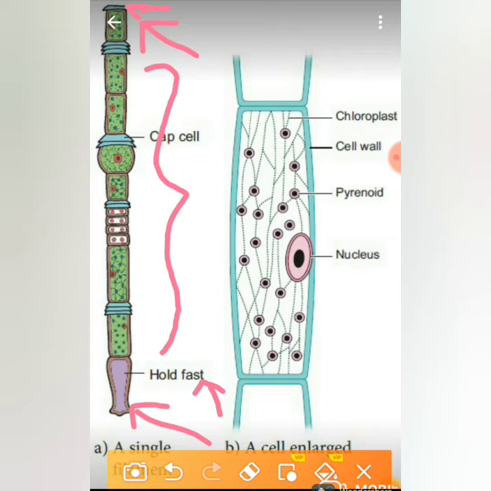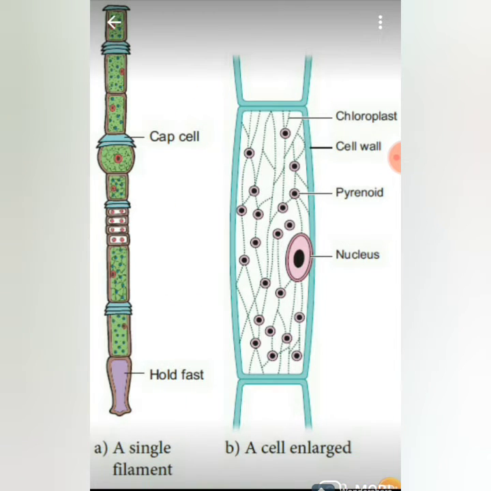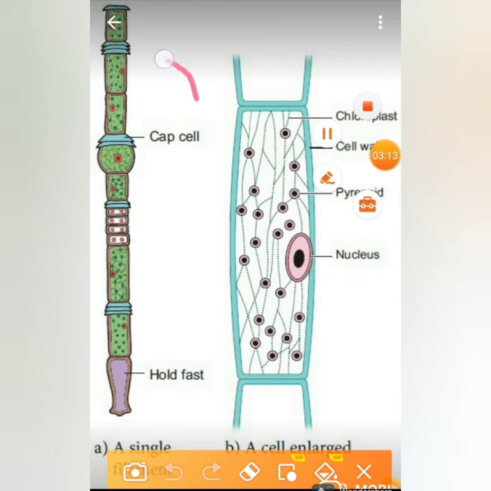And as you can see here in this diagram, in figure A, towards the upper end of some cells, wait, I will show. As you can see here, and here as well, here as well.